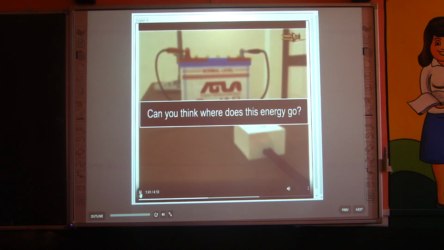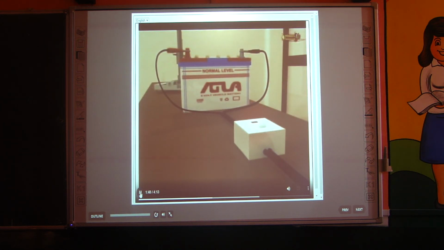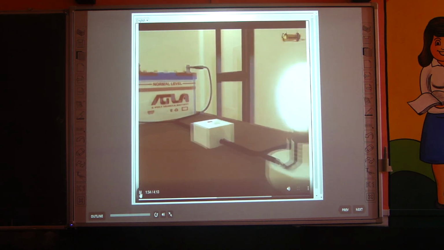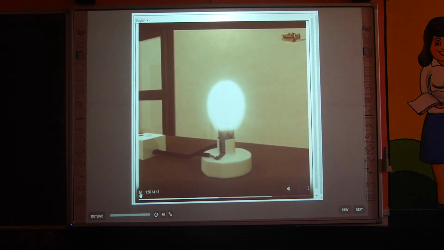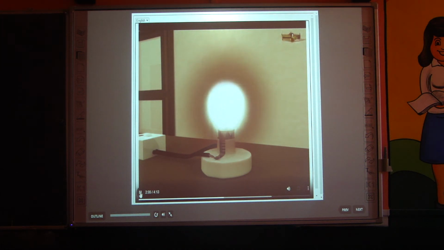Can you think where this energy goes? To maintain the flow of current in the circuit, part of the electrical energy is consumed in some useful work, such as to glow the bulb, and the remaining energy is utilized in generating heat in the gadget.